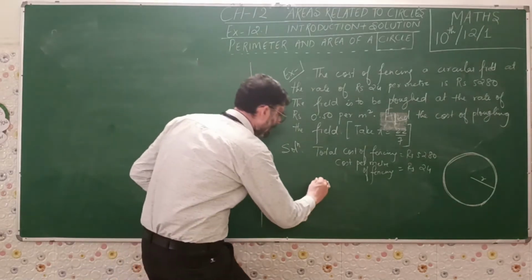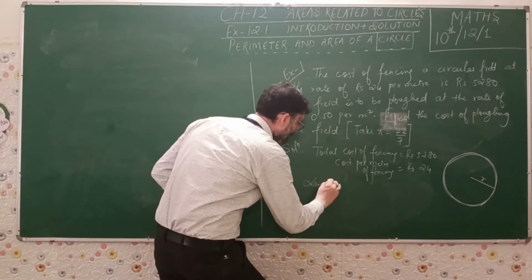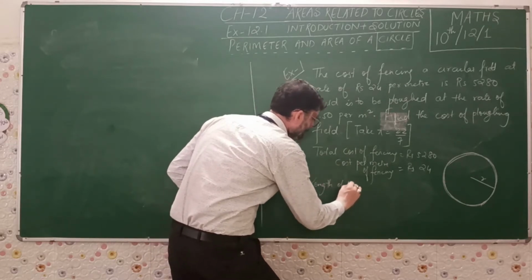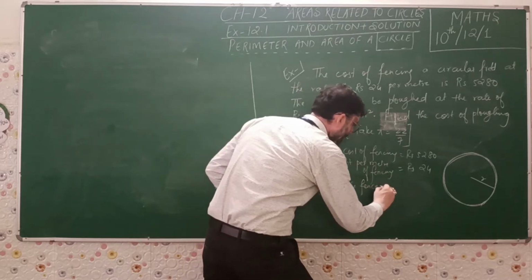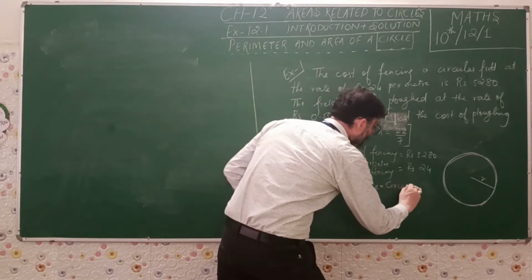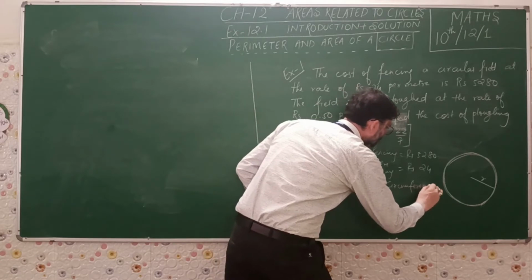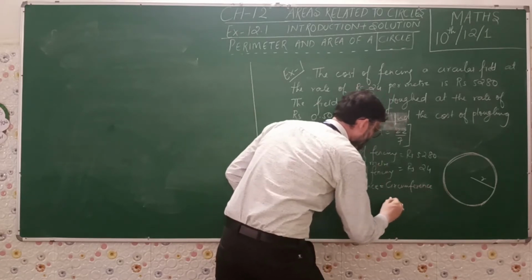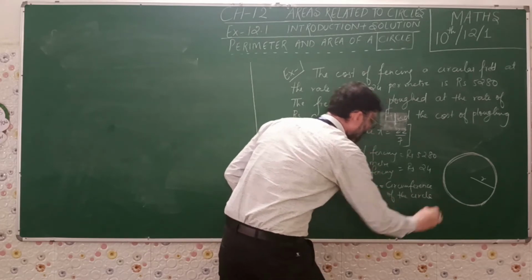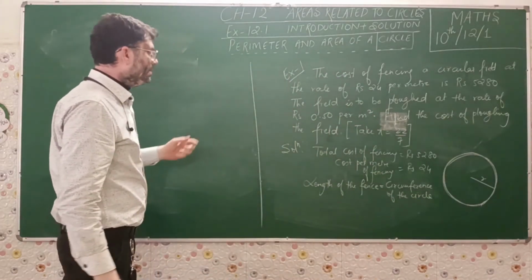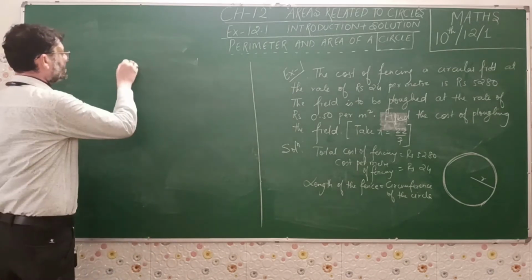For that we can write, length of the fence is equal to circumference of the circle. Therefore, now we will be finding the circumference of the circle.